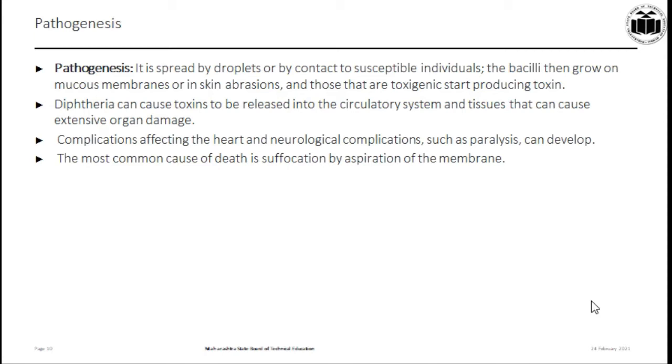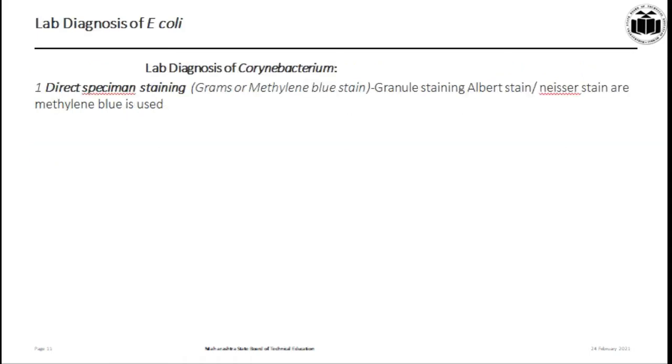Next we are going to discuss the laboratory diagnosis methods which are used to detect Corynebacteria. The first method is direct specimen staining.